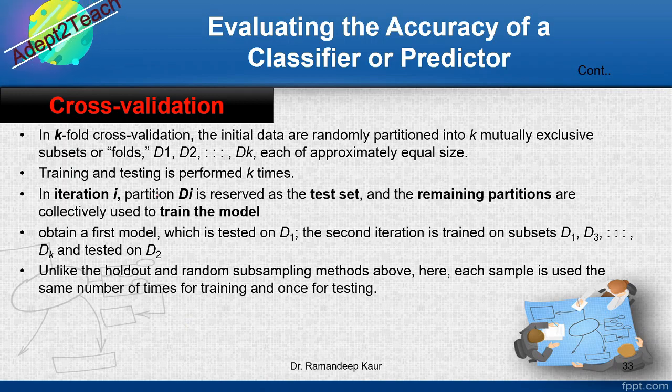You first train the system, then for testing you use D2. This process iterates till all data sets have been used as training data and the same data sets have also been used as test data.